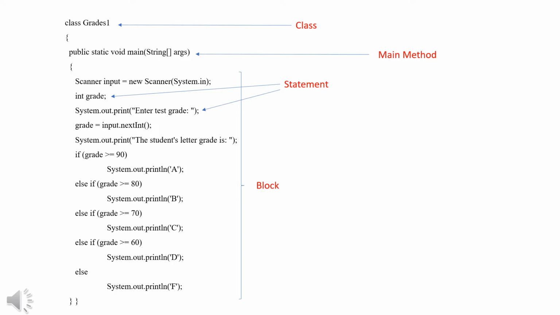So each line of code inside the main method is one statement, for example, int grade or system.out.print enter test grade. Each of these is called one statement. Then we have blocks. Blocks are a group of statements inside opening braces and closing braces. As you see here, I've shown you an example of a block.